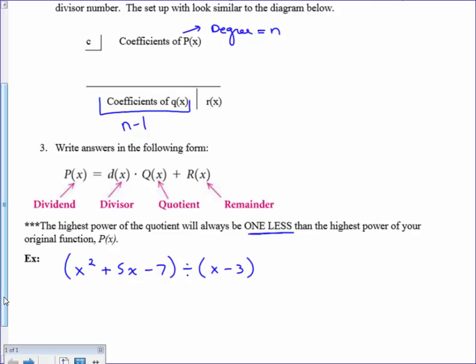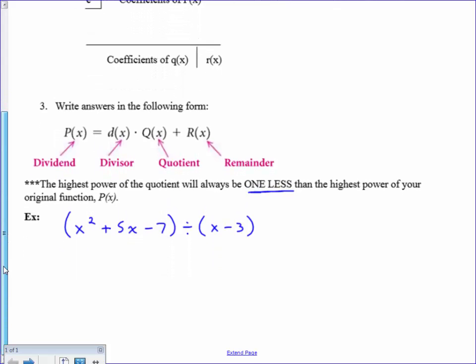So if we know we have something that has a power of 4, then down here the answer would have a power of 3. That's something important to remember. I'll show you as we actually work the problems.